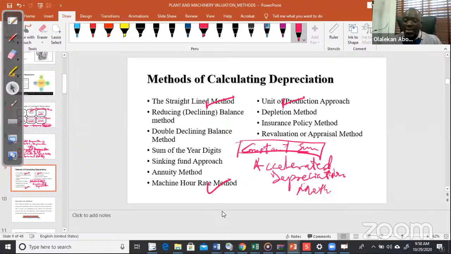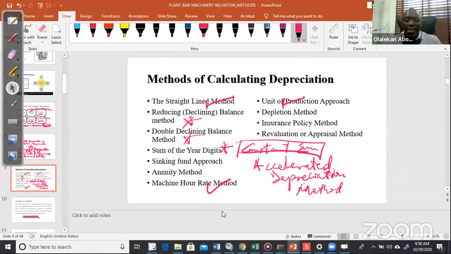Under accelerated depreciation, we have the reducing balance method, the double reducing balance or double declining balance method, and the sum of years digits.